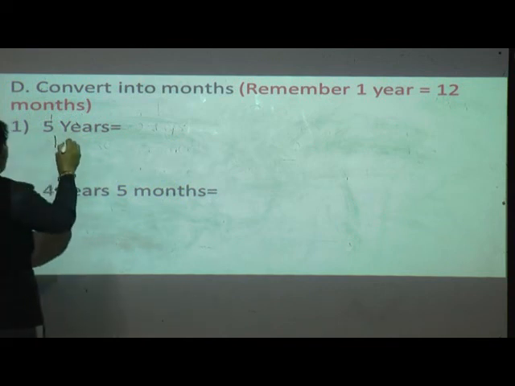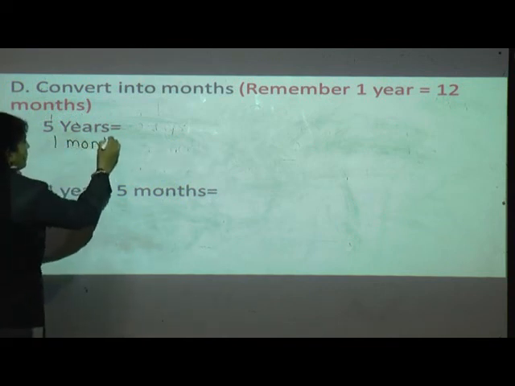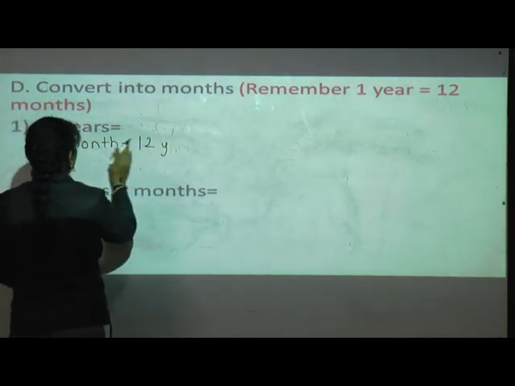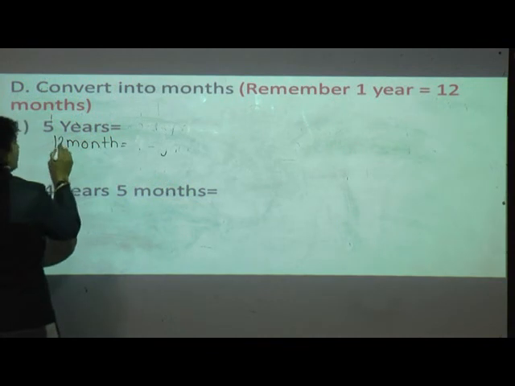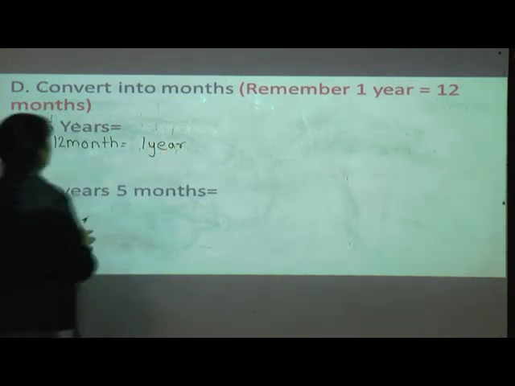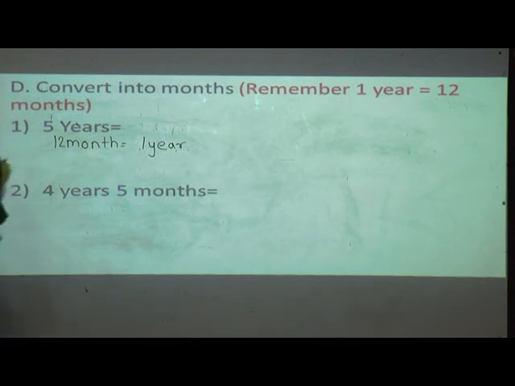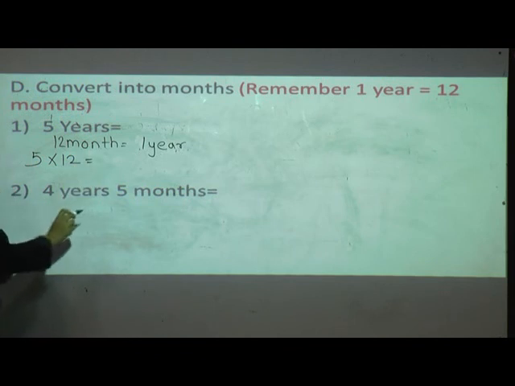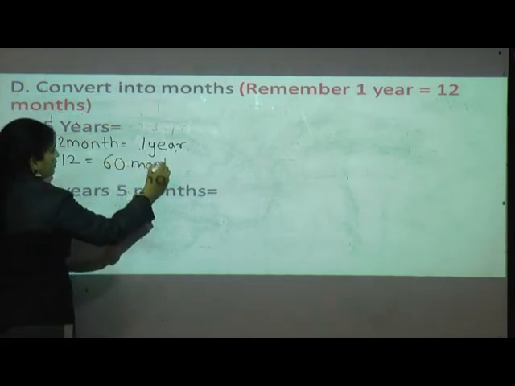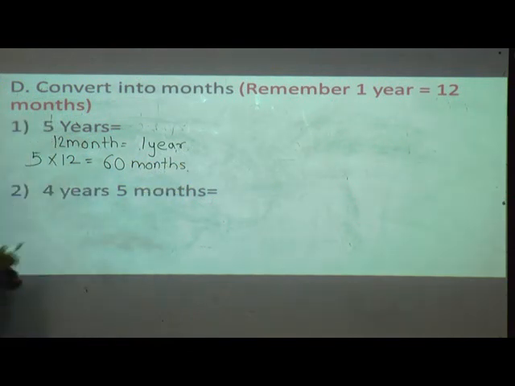So write here 12 months is equal to 1 year. So students, multiply 5 into 12. So you will get 60 months. That means 5 years is equal to 60 months.